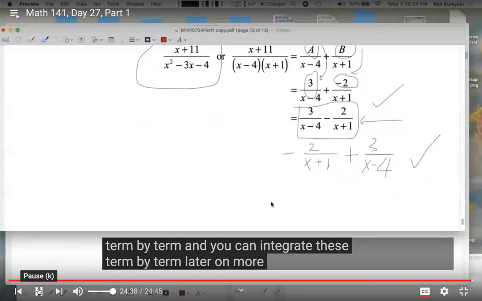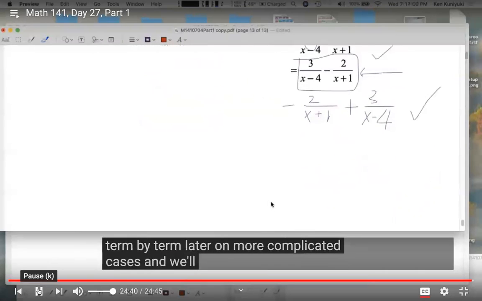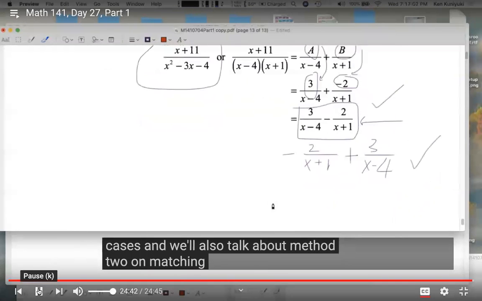Later on, more complicated cases, and we'll also talk about method 2 on matching coefficients next time. All right, any questions before we go on? That was a lot. That was long, right? Because we were doing our first one, introducing these ideas. Any questions before we go on to more cases? We're going to go through these examples.